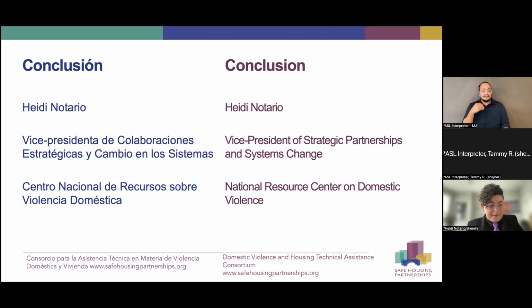We heard about innovative strategies like housing cooperatives and other models, non-traditional banking strategies done in communities that support survivors in securing housing. We also heard about the critical need for direct cash assistance and how gender-based violence is an economic justice issue that does not occur in a silo.